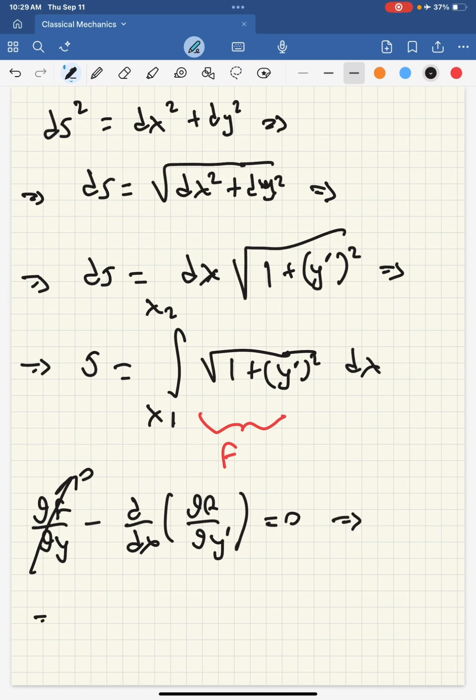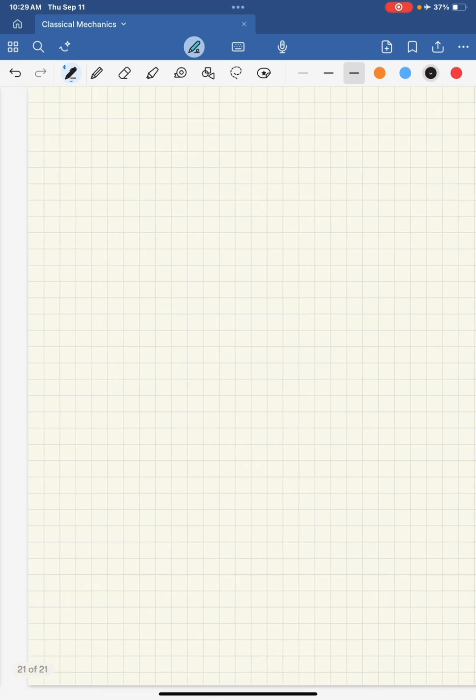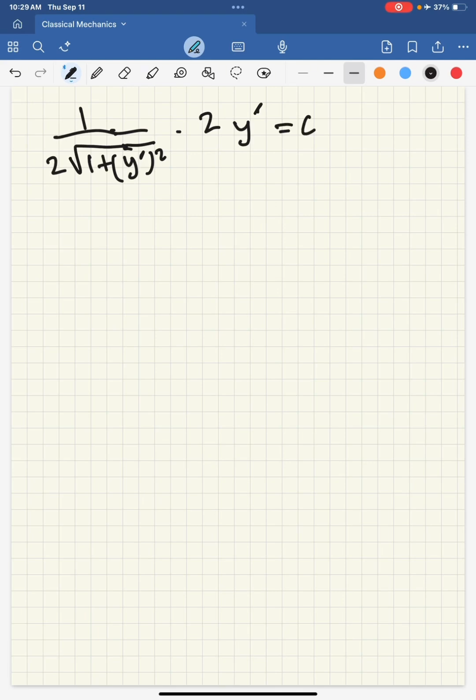So the partial with respect to y prime should be a constant, and the partial with respect to y prime is simply 1 over 2 times the square root of 1 plus y prime squared times 2y prime, and this should be a constant.